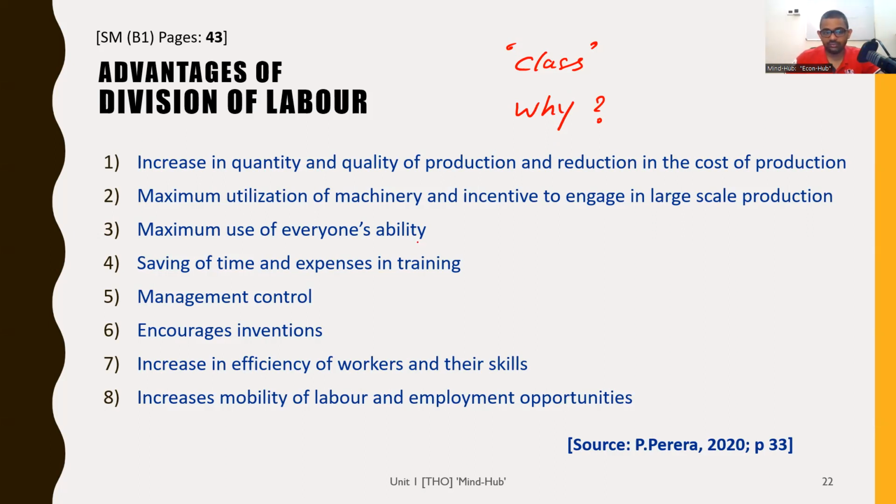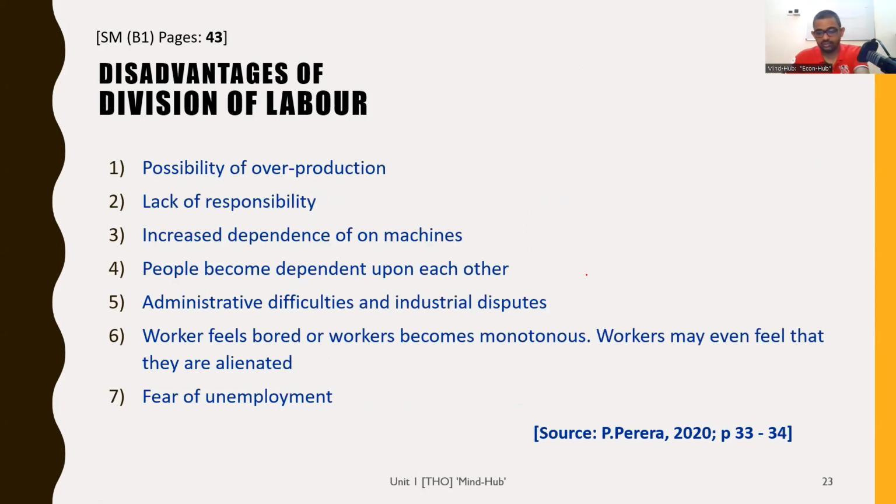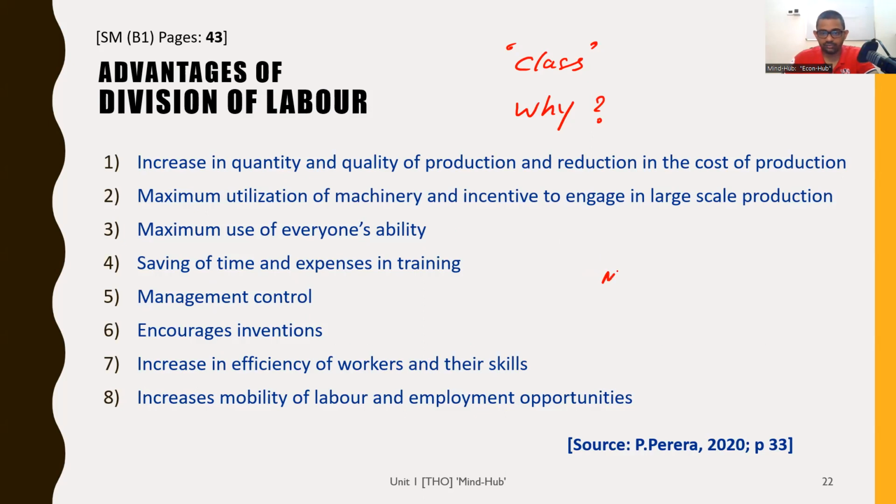Sir, can you brief what mobility means? We will learn mobility a bit later. A small area we talk about mobility. There are two kinds of mobilities. One is known as occupational mobility. We will learn this.